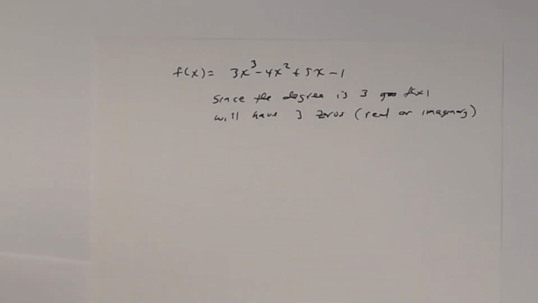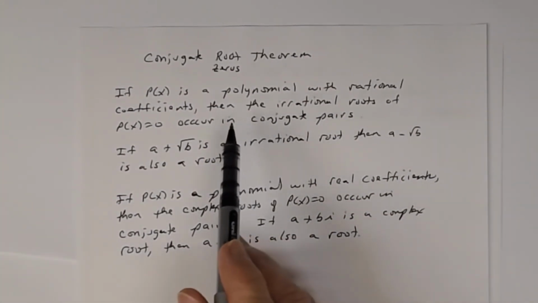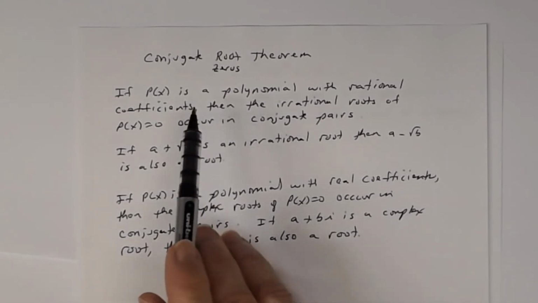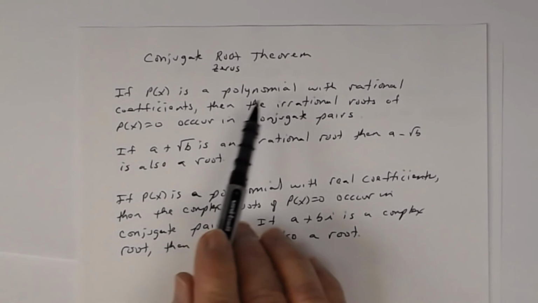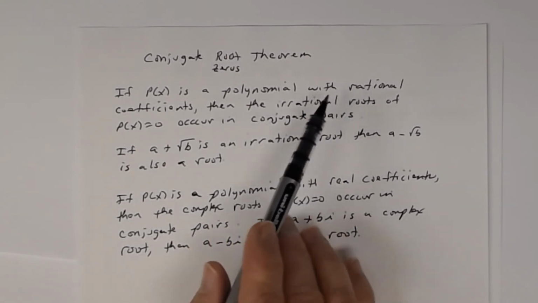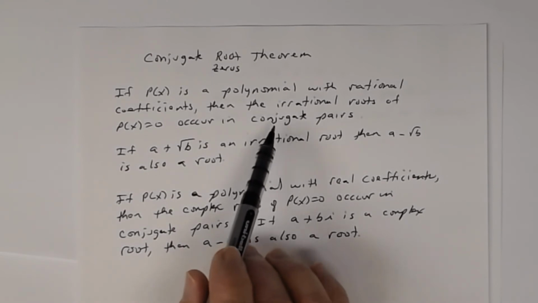All right, so let's look at this. There's something called the conjugate roots theorem, or the conjugate zero theorem. The conjugate zero theorem says this: if you have a polynomial function with rational coefficients, then the irrational roots occur in conjugate pairs.